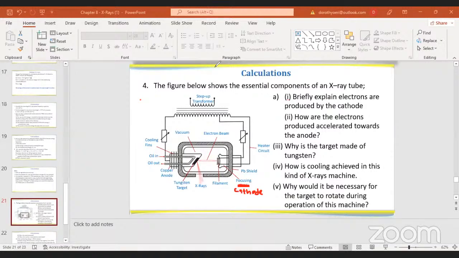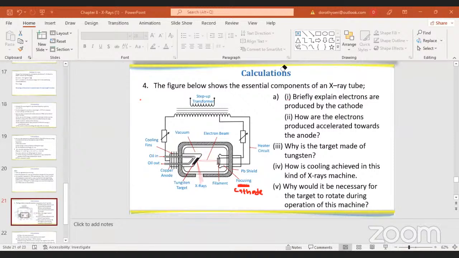Why is the target made of tungsten? Why is the anode made of tungsten? Can somebody give us that answer? If you say by heating the cathode, you still get a mark.